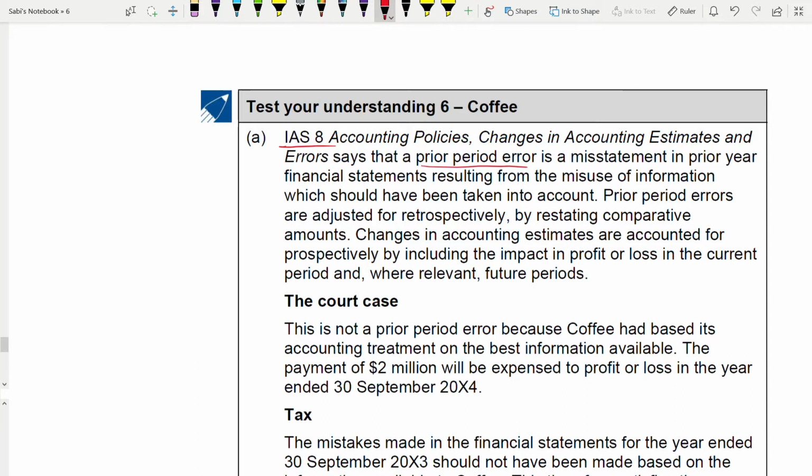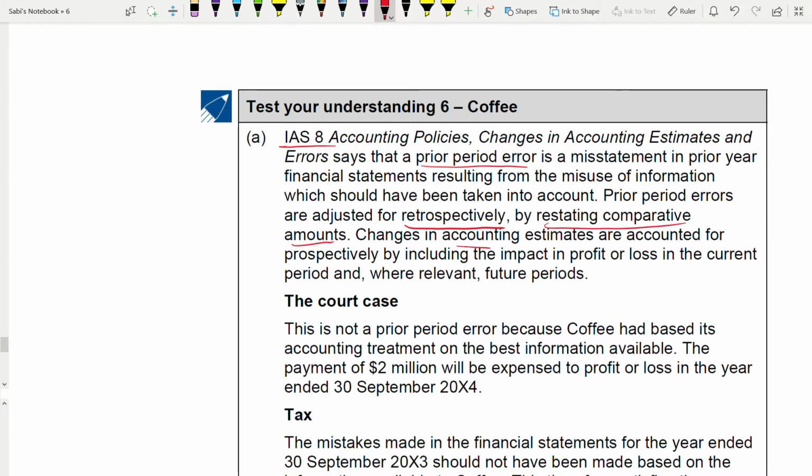Now you have to correct that error, right? It says that a prior period error is a misstatement in prior period financial statements resulting from misuse of information. So this you have to take into account. Now, prior period errors you have to adjust retrospectively. Retrospectively means go back and change it. You have to go back and change it. That means you have to restate the comparative amounts.